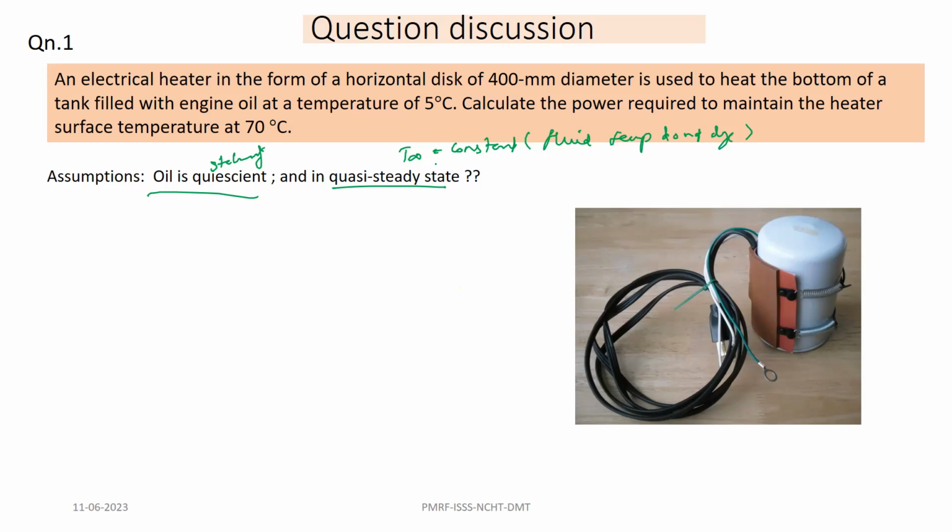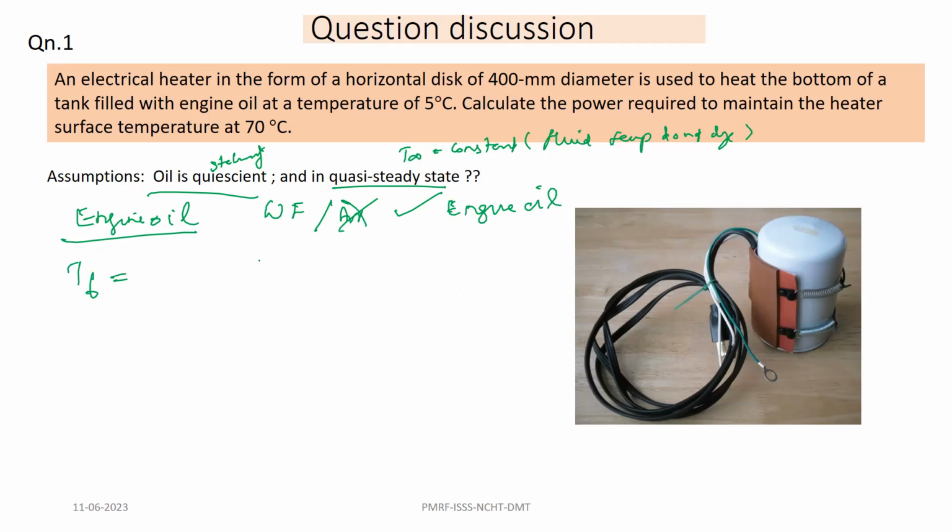Okay. So first we need to determine the engine oil properties, because our working fluid is not air, our working fluid is engine oil. It is undergoing the convection process. So first we will determine the bulk fluid temperature.